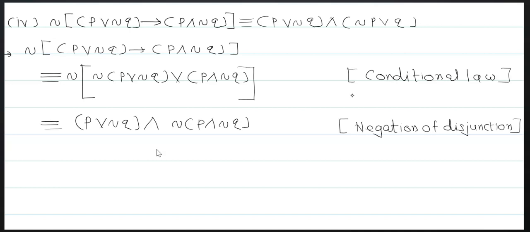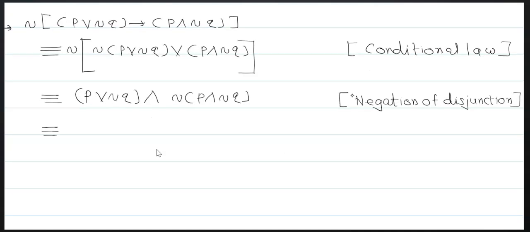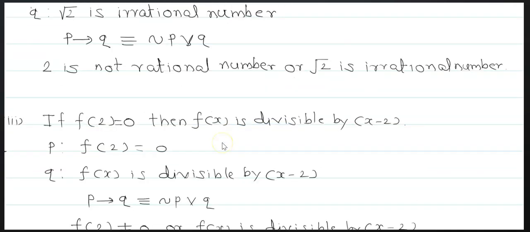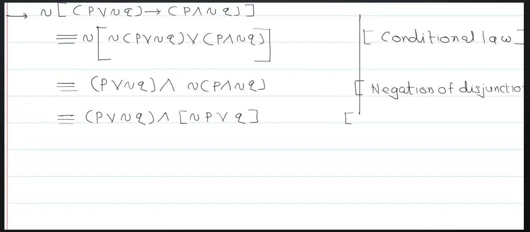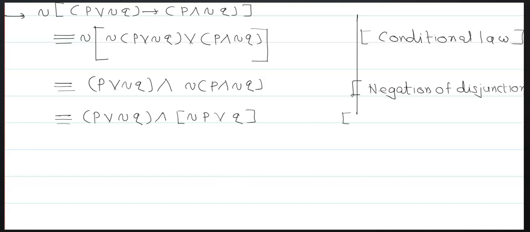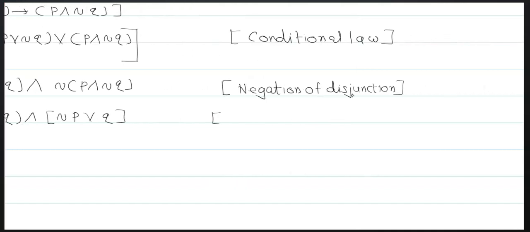Now the next is, there is a P or negation Q and negation of P or negation of negation Q is Q. That is negation of conjunction.